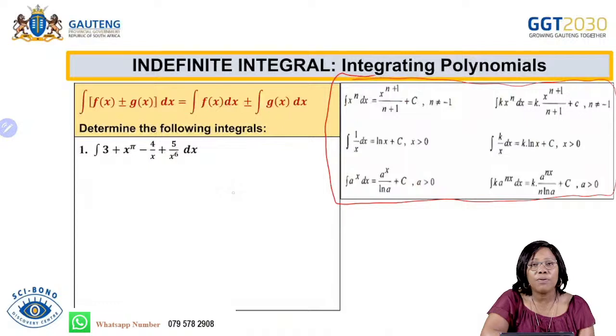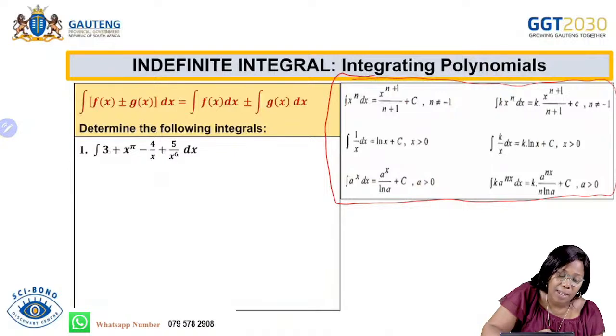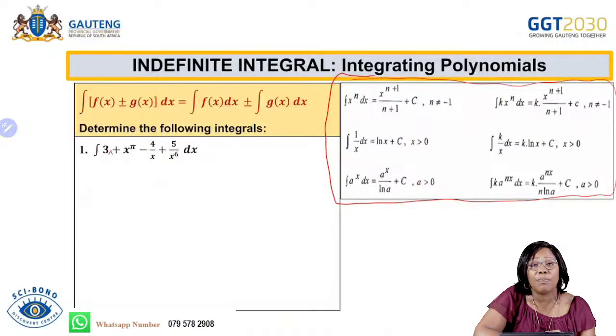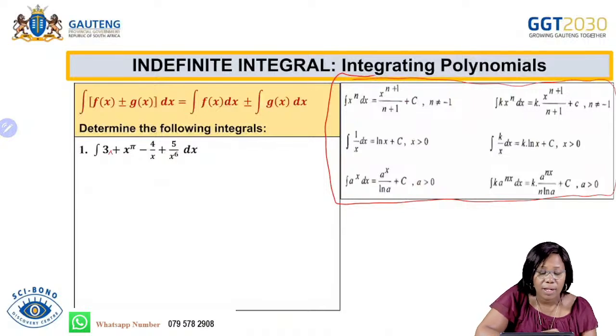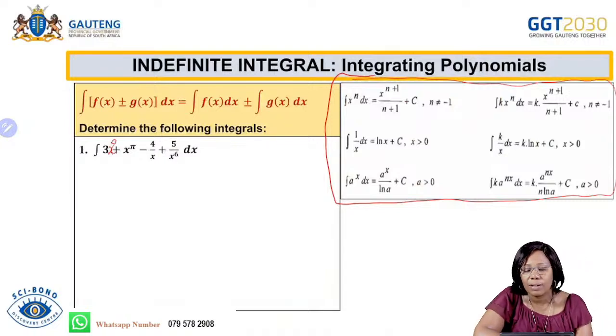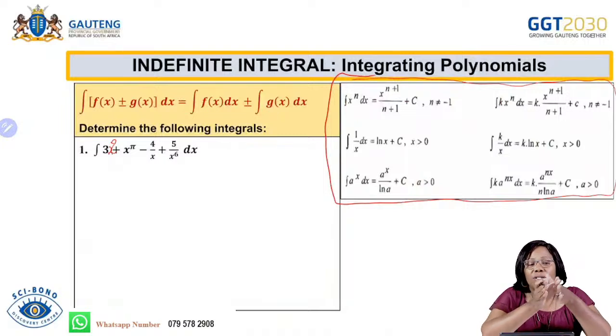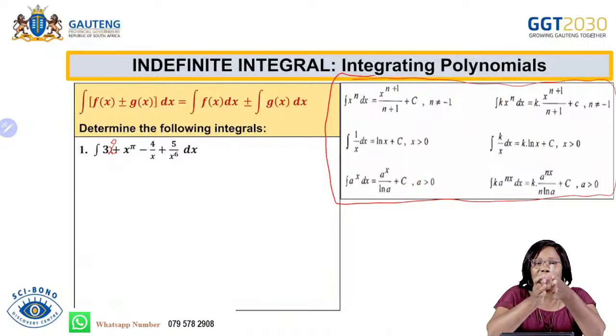Now the tip around this one, grade 12, remember, I've indicated to you earlier on, if there is a 3 there without any x value, that means it's 3x to the power 0. So that means here we have x to the power of 0 there, which is not indicated. All right, and then from here you check the rule that is relating to each type. When you deal with polynomials, you do it as if you are integrating separately.